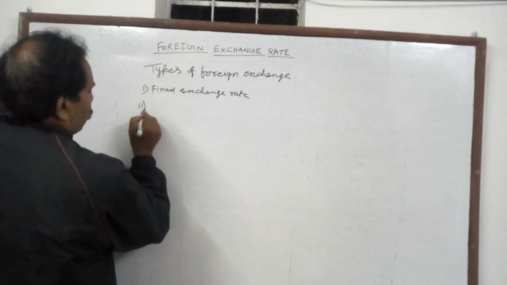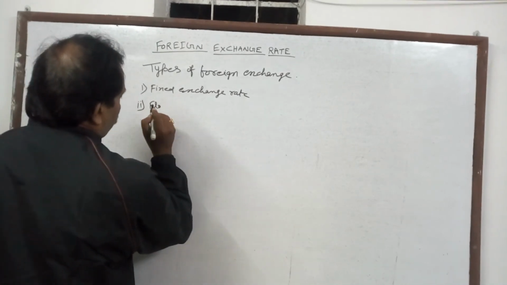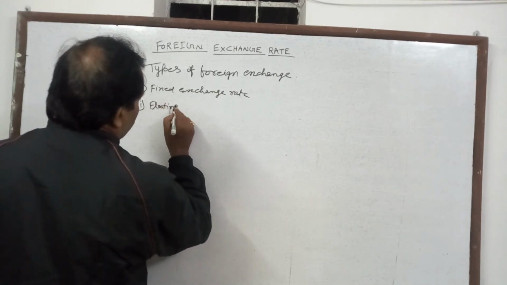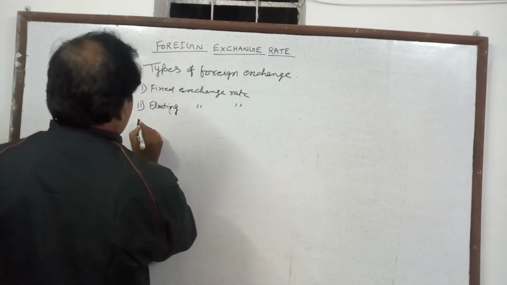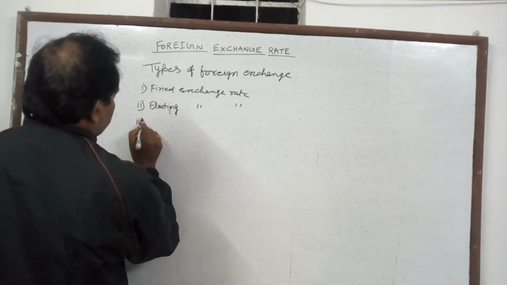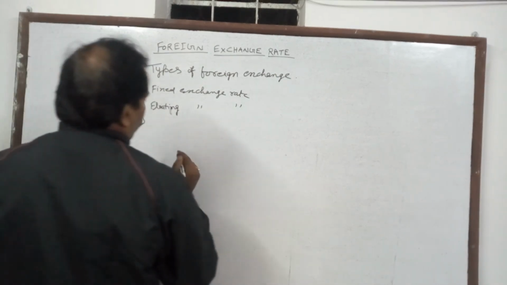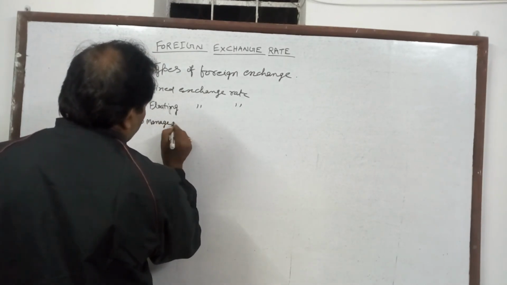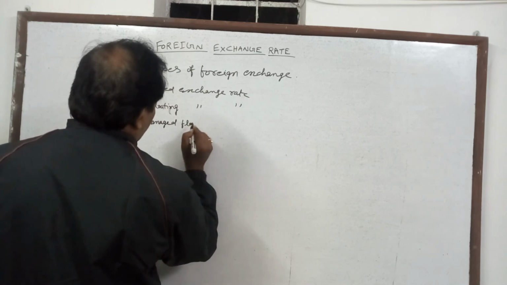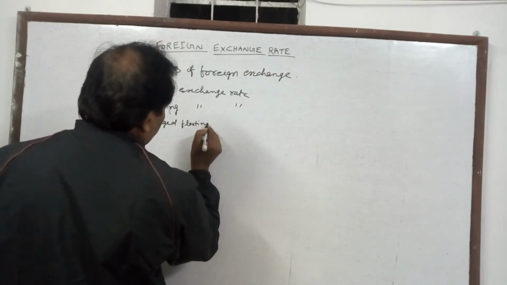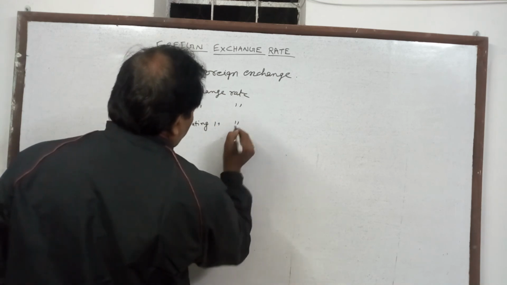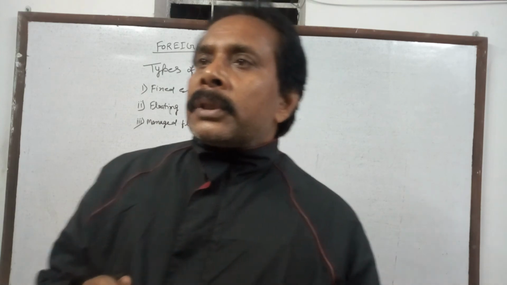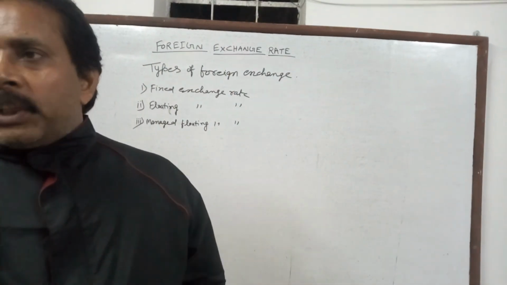Second is floating exchange rate, and next one is managed floating exchange rate. Managed floating exchange rate. So there are 3 kinds of exchange rate.